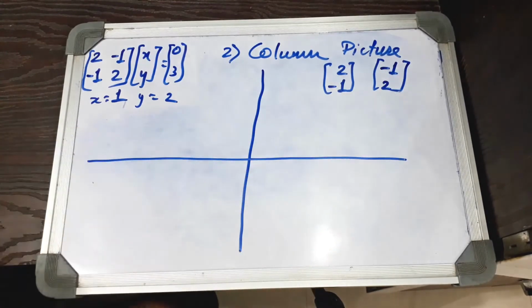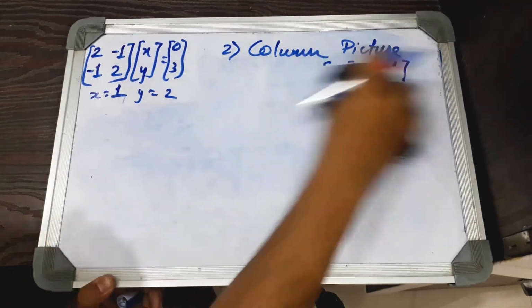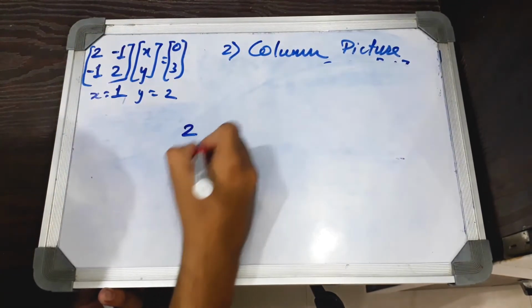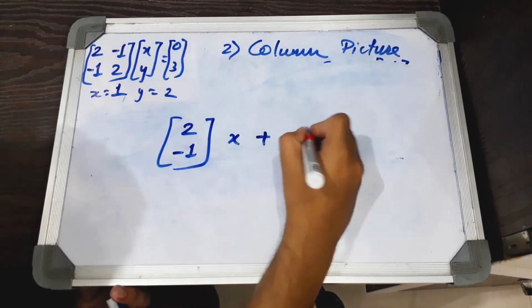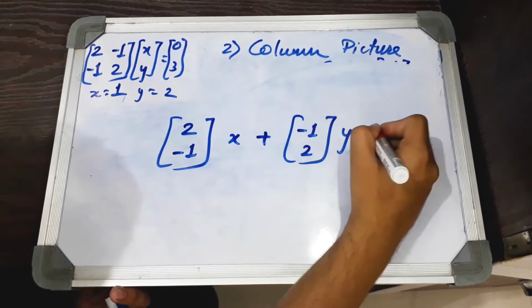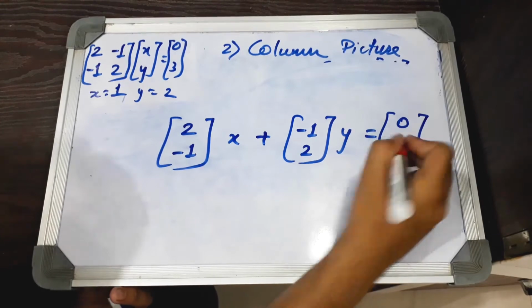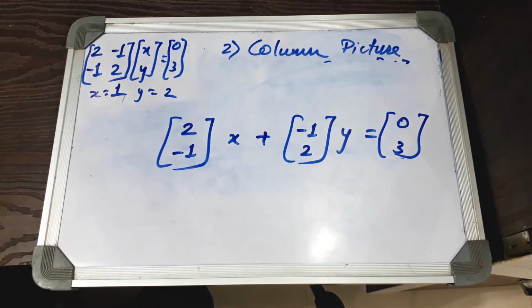I'll show that to you afterwards. So the first column 2 minus 1 times x plus minus 1 2 times y equals 0 3. This is what I meant by column picture. This is what we want.